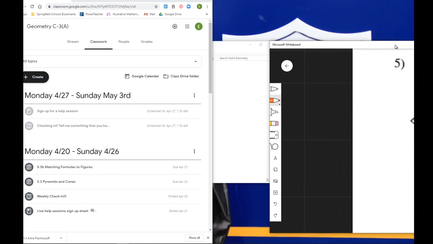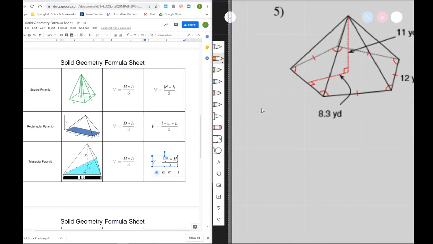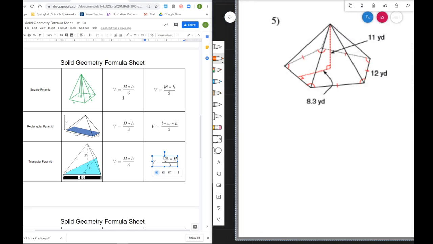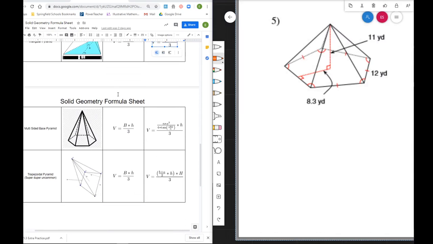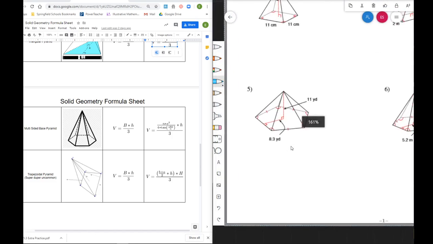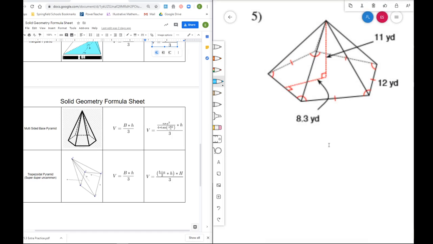So I'm just going to pop this right over here, and we're going to take a look at this formula sheet again. Since this is a weirdly shaped base, just a regular old n-gon, or a pentagon, hexagon, anything like that, we are going to use a formula for a multi-sided base pyramid, which is this guy right here.